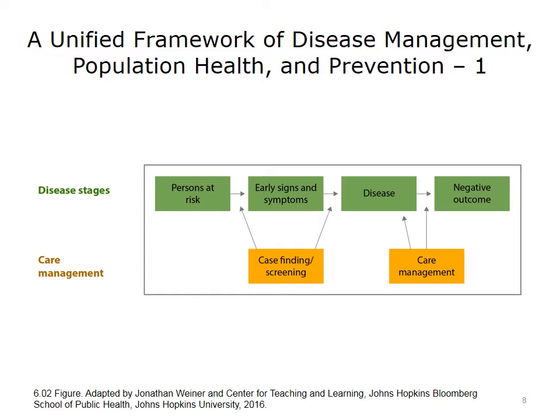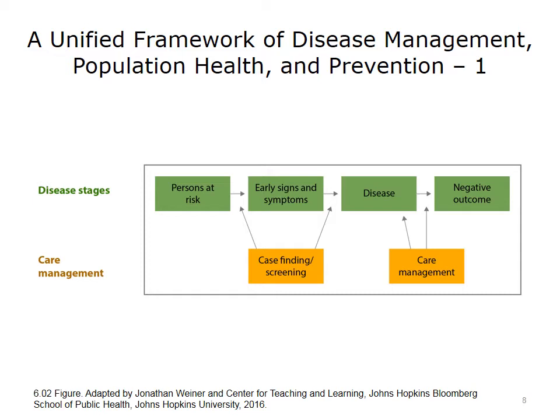We present the continuum of individual health. A person, a patient, a consumer could potentially be at risk, as you can see all the way to the left of the framework. Some of us are at higher risk or lower risk of various diseases based on where we live or what conditions we may have, and of course our genetic predisposition. Although in most cases that's not yet measurable on a wide basis.